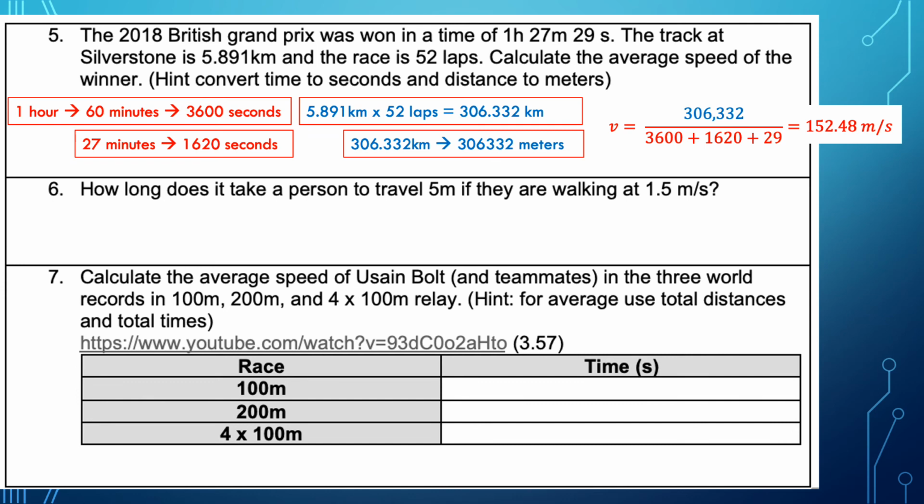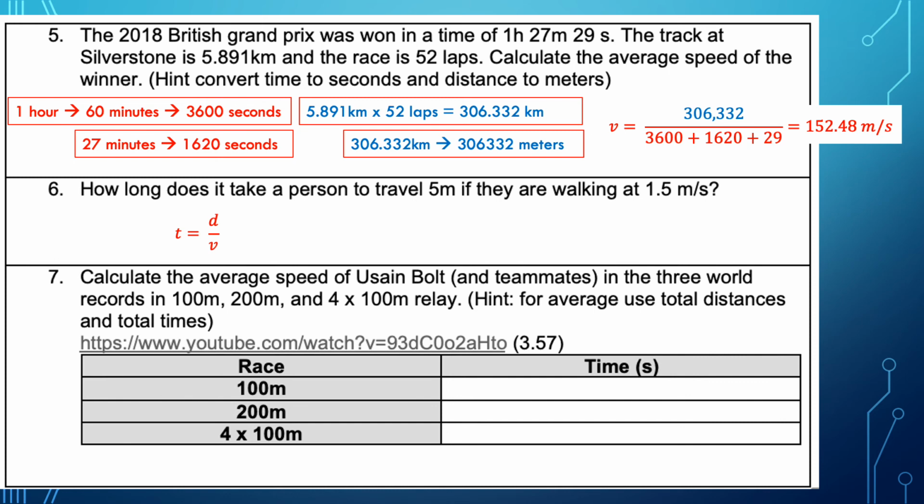Number 6, how long does it take a person to travel 5 meters if they're walking at 1.5 meters per second? So this one is very straightforward, very simple, but same thing. So now you're looking at how long does it take. So that's time, which means that your equation has to start with t. So t equals whatever fills in the rest, all right, which is s divided by v. Again, please ignore the d there.